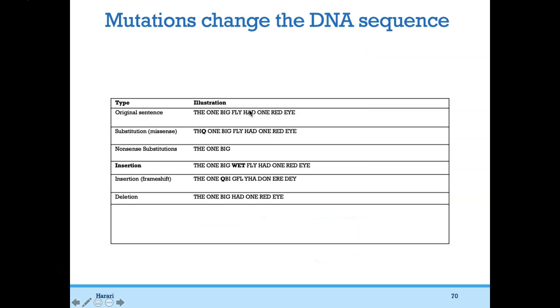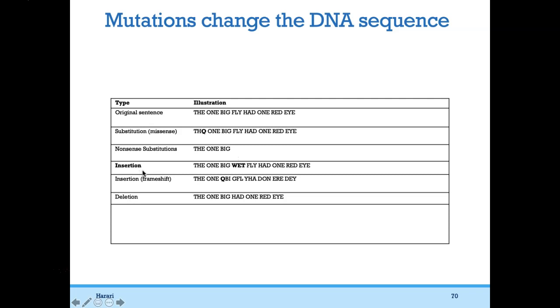So this is an example with one sentence, the one big fly had one red eye. A substitution that's missense would be a different letter, right? So you can't read that amino acid the same way. A nonsense mutation would cut the whole sentence short.